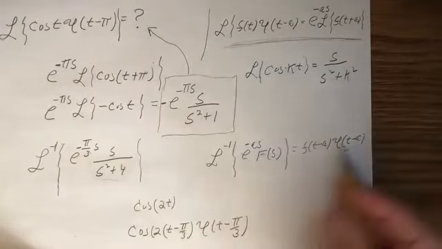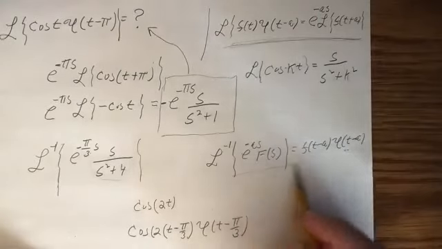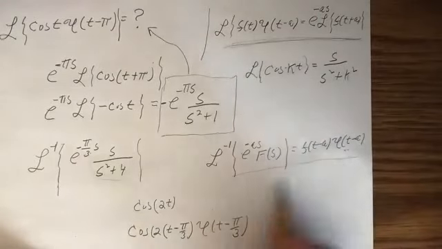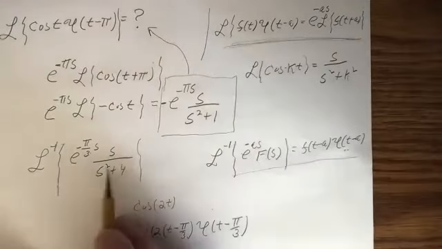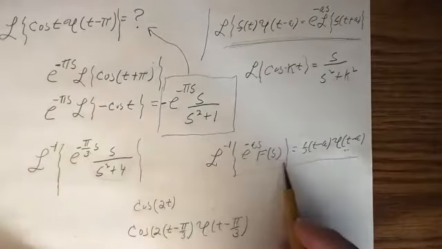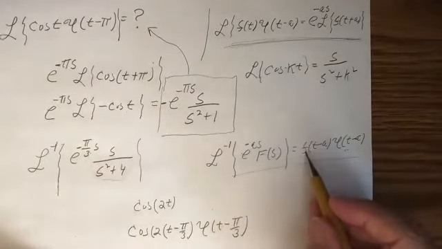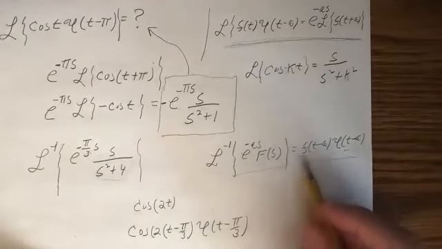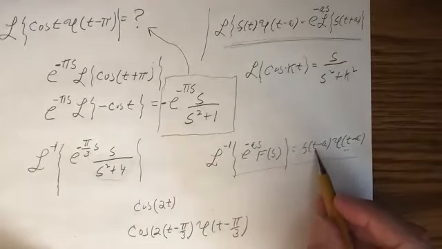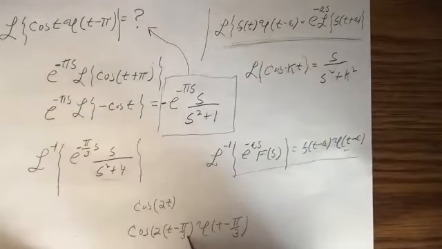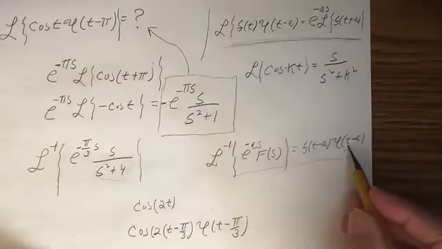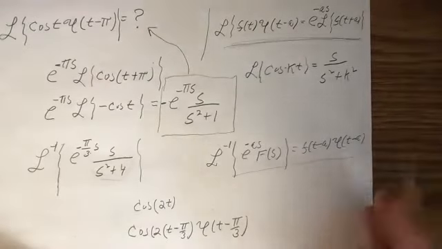I'm following this rule right here. This is the cosine, but when I take the cosine, I have to shift the t by a, and my a in this case is pi over 3. And then I have to multiply by the unit step function.